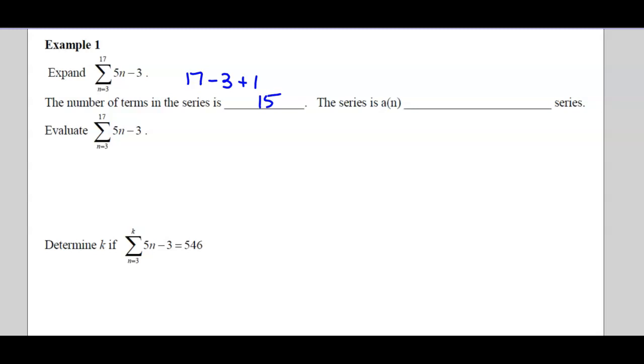Just looking at it, what kind of series do you think it is? Arithmetic or geometric? Arithmetic. The variable is not an exponent. So you can always test it, but looking at this, arithmetic. Remember back to all the work you did with sequences and series last year with arithmetic.